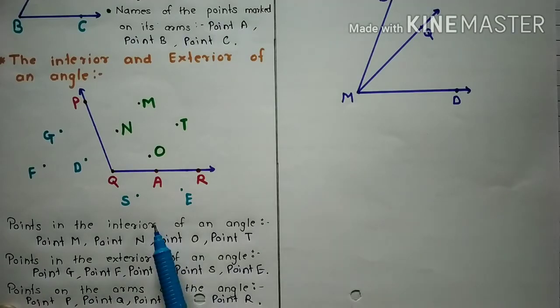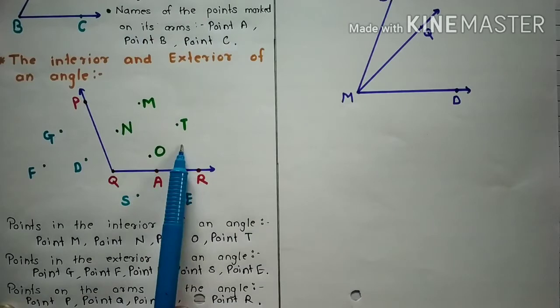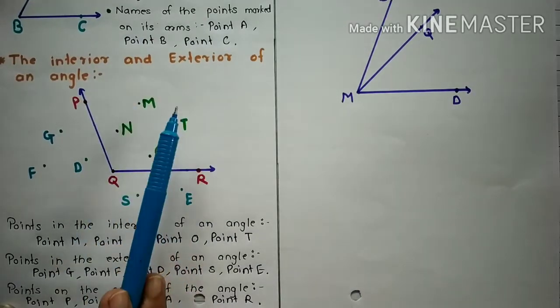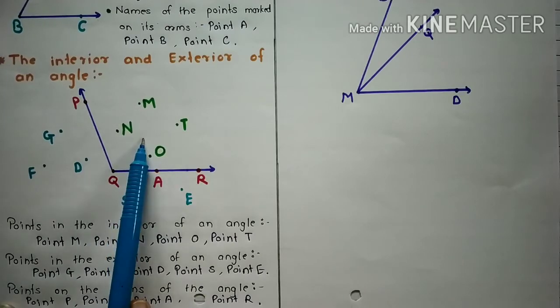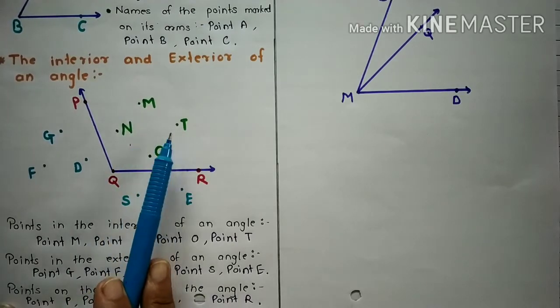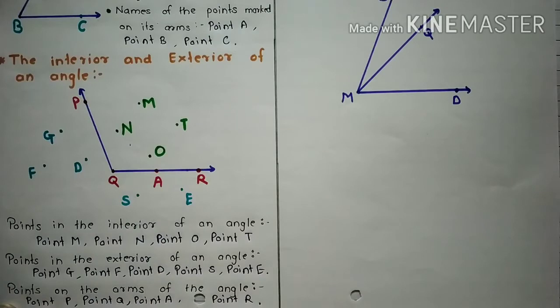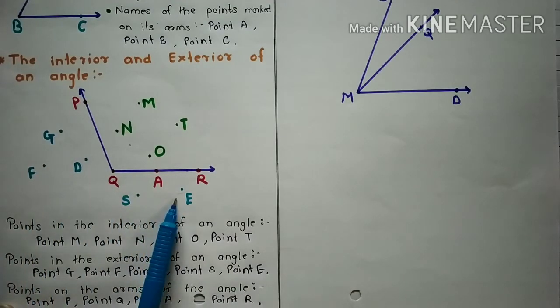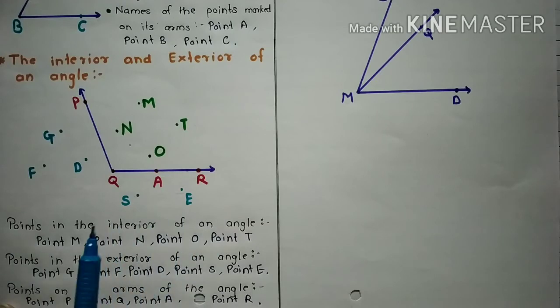Okay. So remember that the set of points in the plane of the angle which are not on the arms of the angle form the interior of the given angle, and the set of points in the plane of the angle which do not lie on the arms of the angle and not in the interior of the angle form the exterior of the given angle.